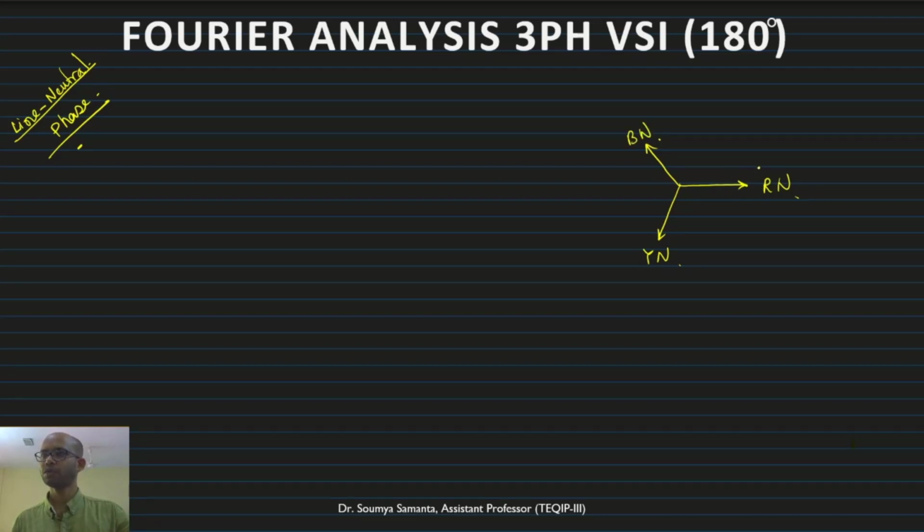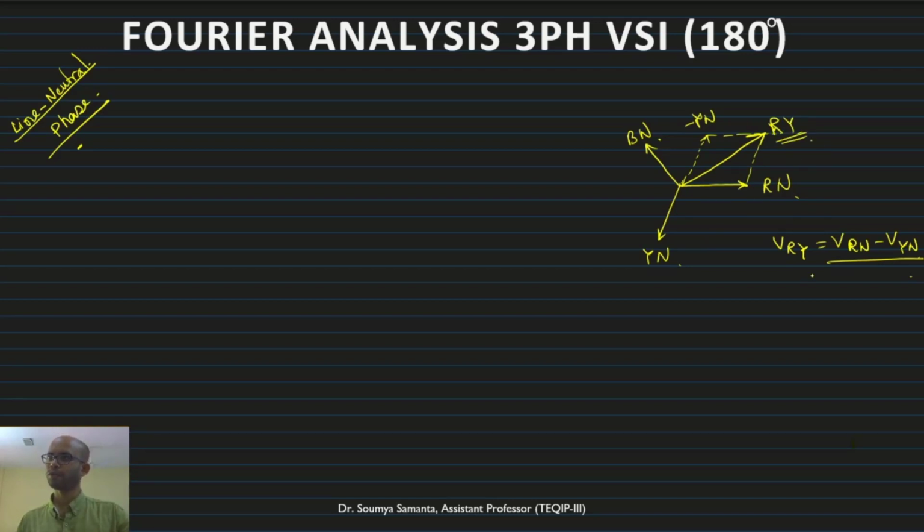Now how do we find the line voltage Ry? Vry will be equal to Vrn minus Vyn. So this is minus Yn, and if we add them up, I will get Vry.